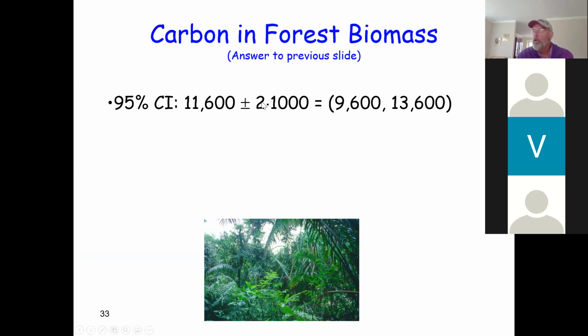Now 2 is very, very close to 1.96. So 2 is being used to substitute for 1.96. Here's the standard error at 1,000. And these are the limits to that confidence interval.